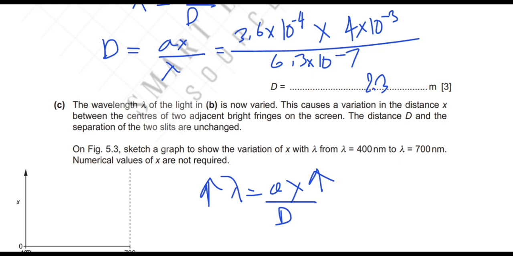But the fact is that when the lambda is 400, will the fringe separation be zero? Is it possible? It's not actually possible. When the lambda is 400, there is a value for fringe separation. There will be a value for fringe separation. So it will start with a non-zero x and it will go straight up. That's all.